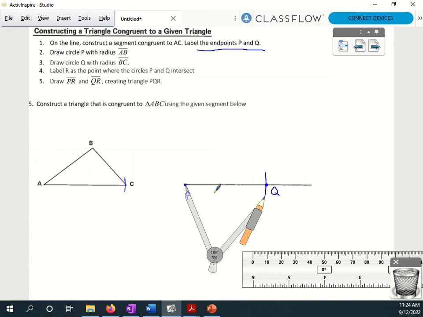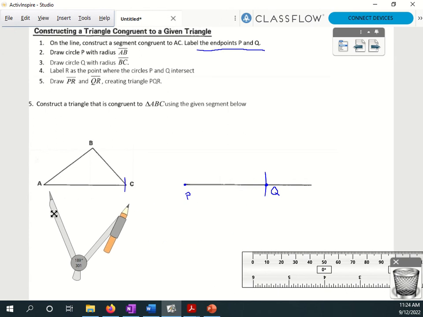Step 2. Now we got to copy segment AB. So sharp point goes back on, pencil goes on, okay? Now look where point B is. It's somewhere up in this area, correct?